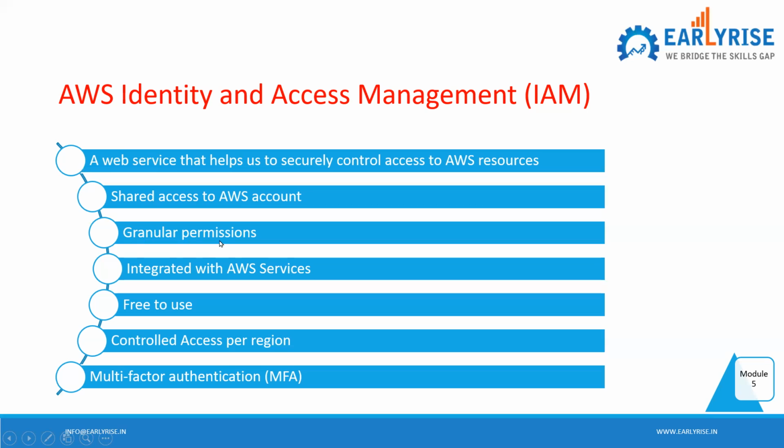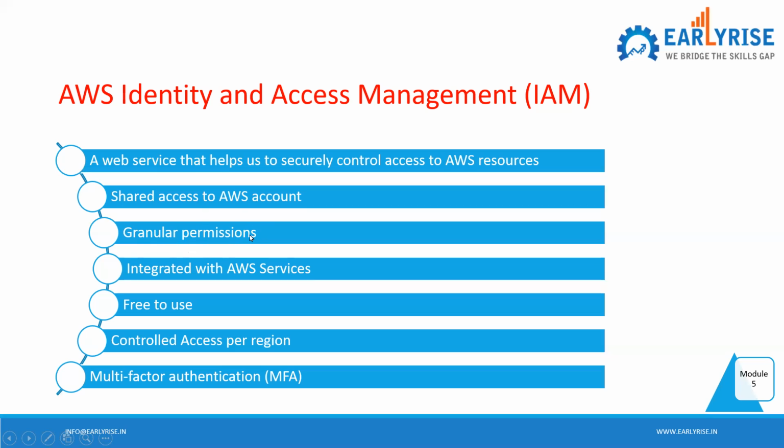Now you see granular permissions. Granular means what? Different permission for different people, depending on the requirement. Say some person requires access to S3, but doesn't require access to EC2. Another person requires access to EC2 but not to S3.